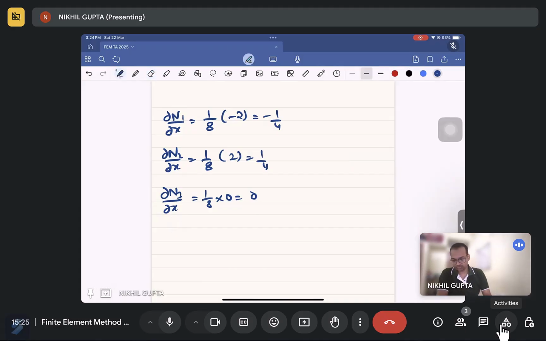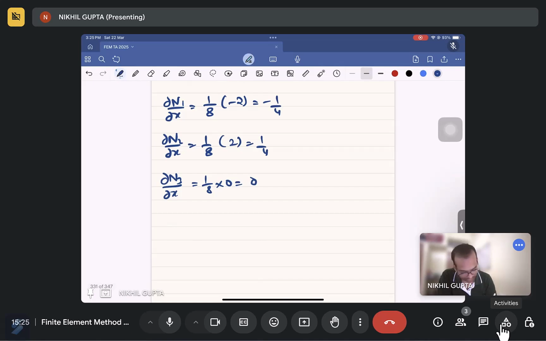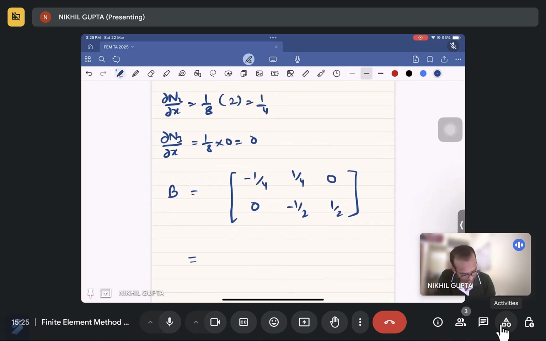Okay, so when we make this matrix, the B matrix will be minus 1 by 4, 1 by 4, 0, and 0, minus 1 by 2, and 1 by 2. We can take 1 by 4 out.